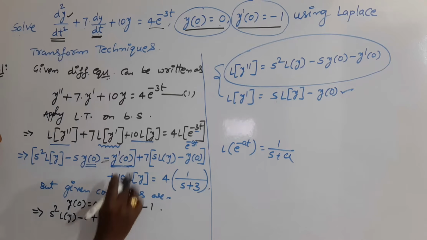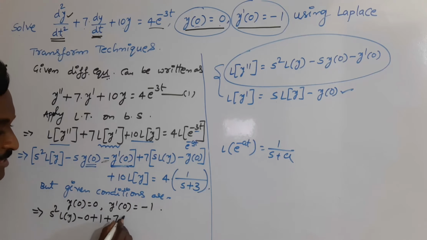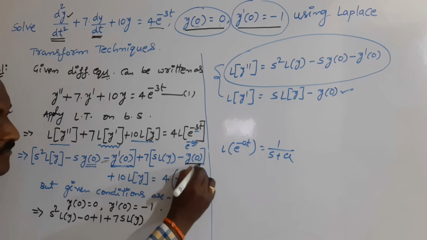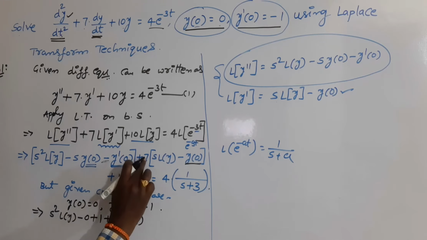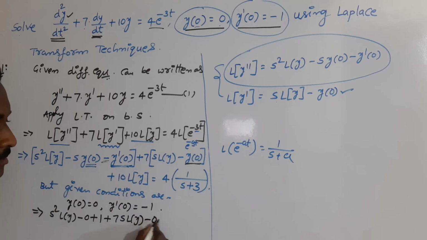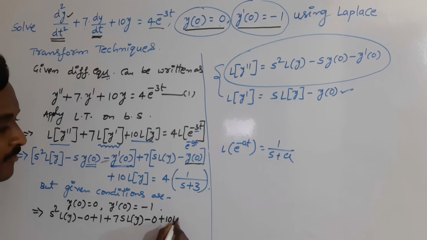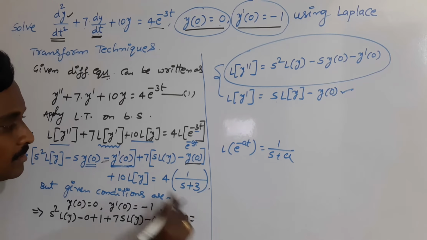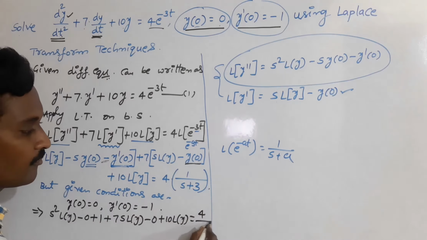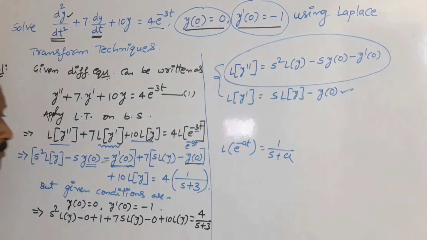Plus, take this 7 inside, 7 into s into L of y. Again here we have y of 0, but y of 0 is 0, so 7 into 0 is 0, plus 10 times L of y is equal to 4 times 1, that is 4 by s plus 3. See the next step.